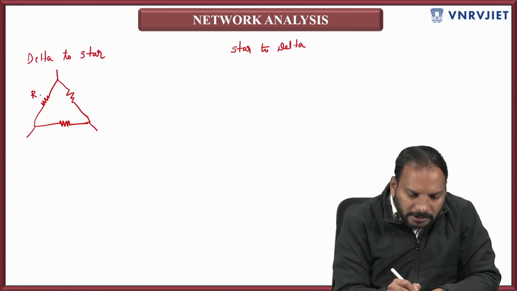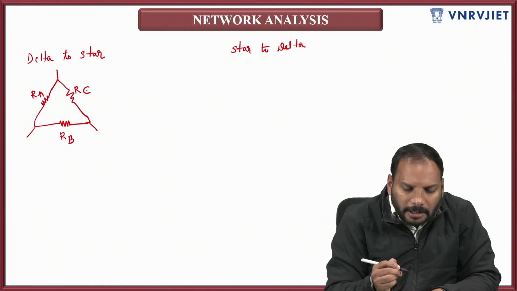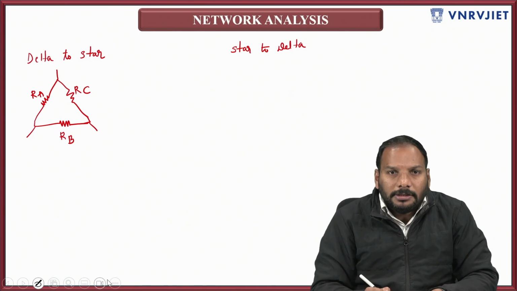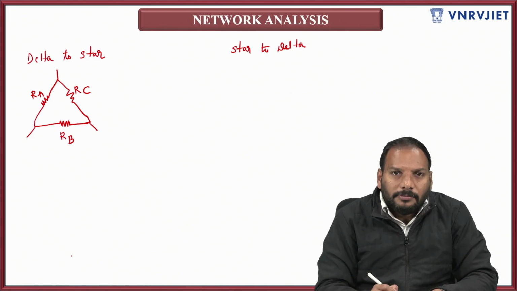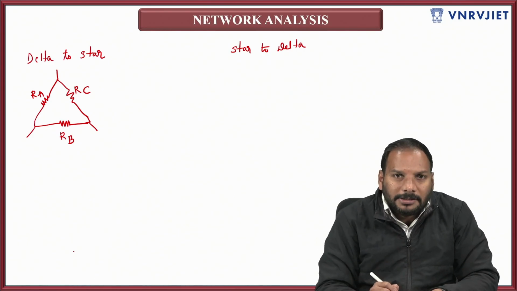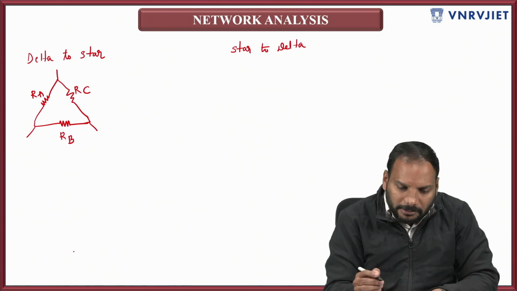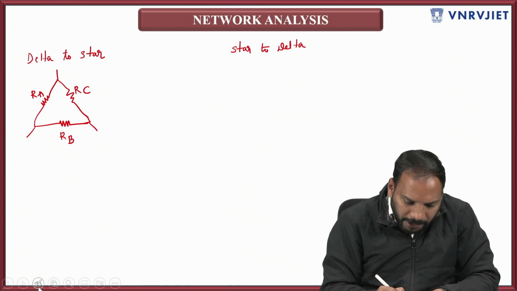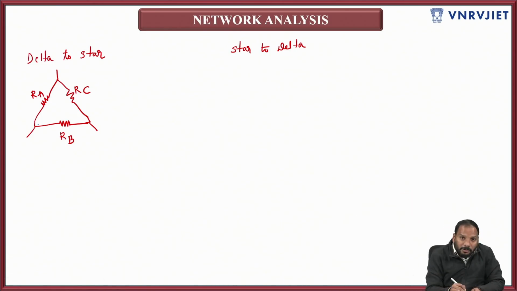Let us consider this is RA, this is RB, and this is RC. In this delta combination of RA, RB, RC, sometimes it is required to convert it into a star connection. I will show the star connection with the blue color.